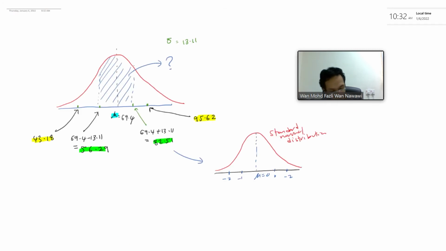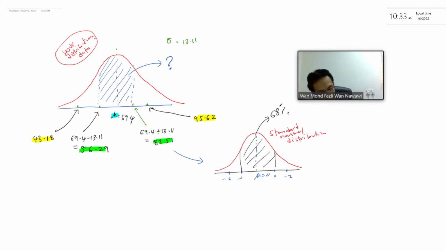If you have something like this, you don't know yet how much the area is. This is your distribution data.